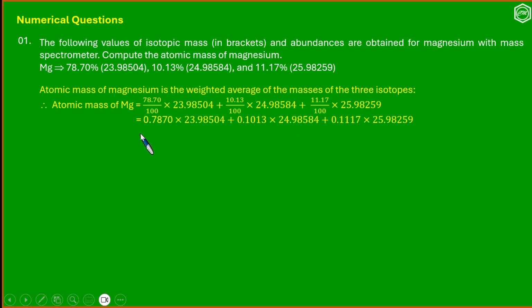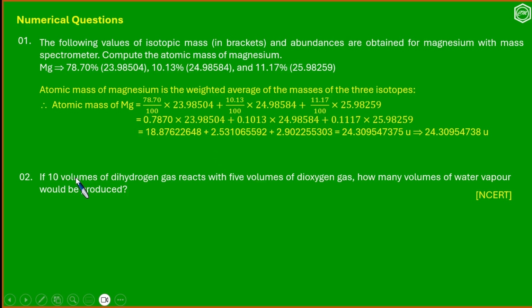And finally we get the values as 24.3095375 U. The final value could be taken as 24.3095473 U.